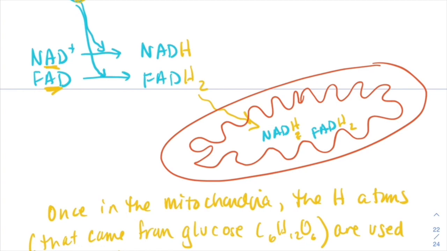Well, let's not even say energy. Let's say ATP. And how that process happens, we will be talking about for sure. But this is an overview. And we're not even done with our overview yet.